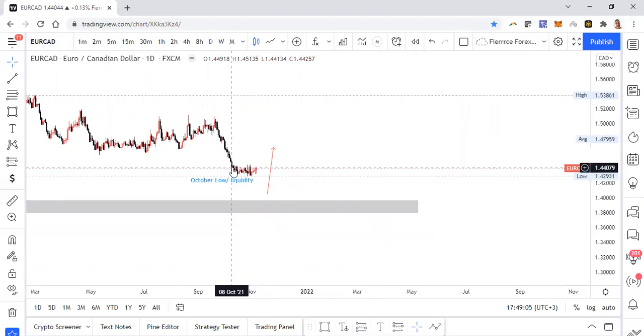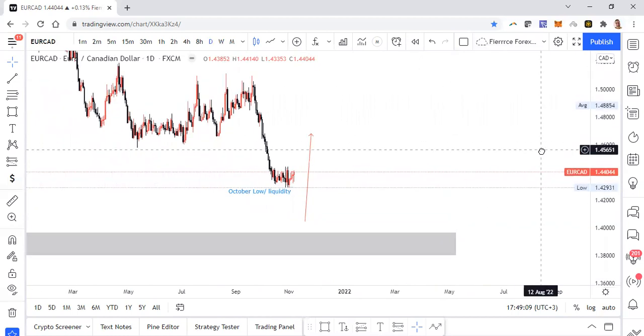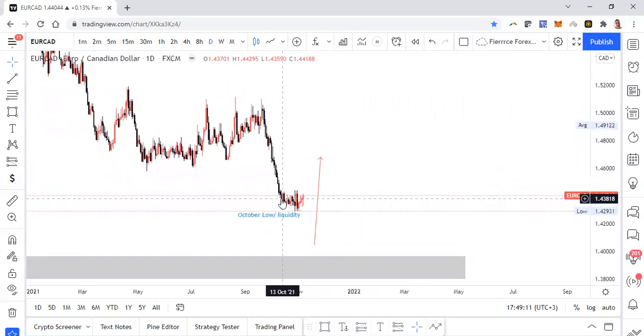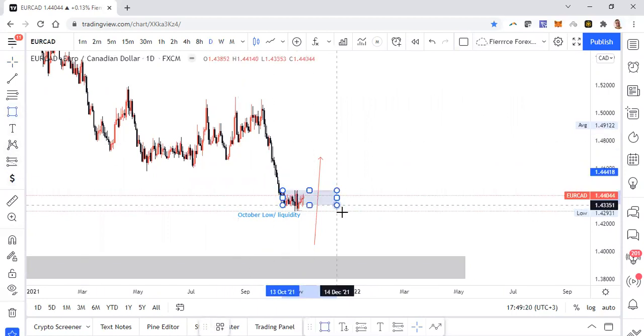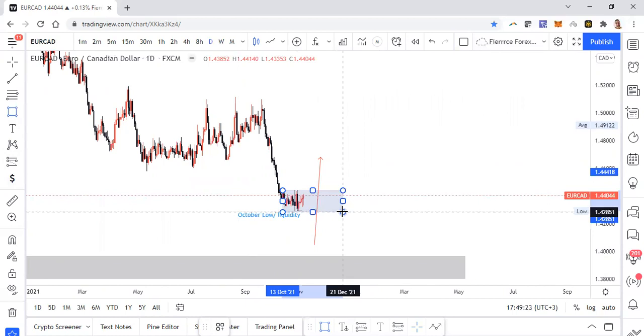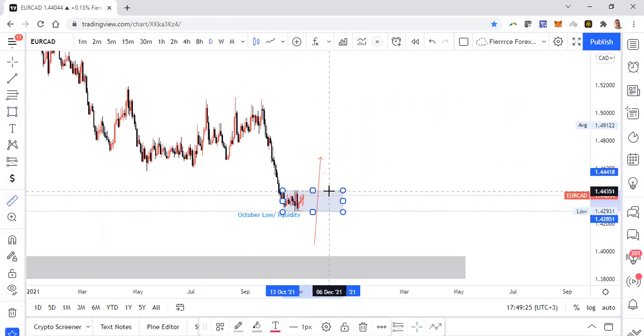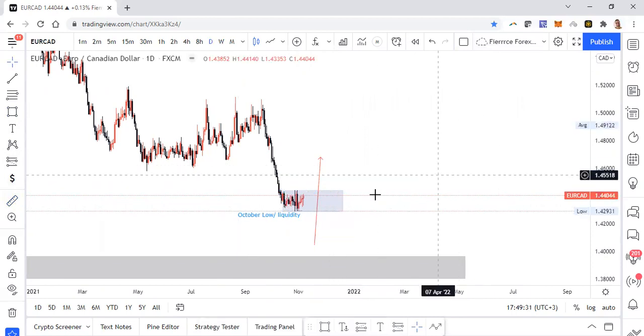In fact, almost the whole of October, if I'm not wrong. Actually, the last 3 weeks we've been in this range here, which isn't much. That's about 140 pips of up, down, up, down movement.